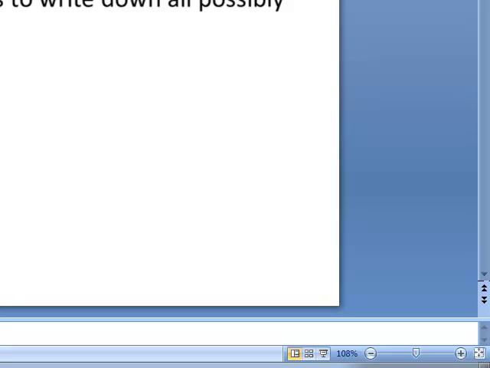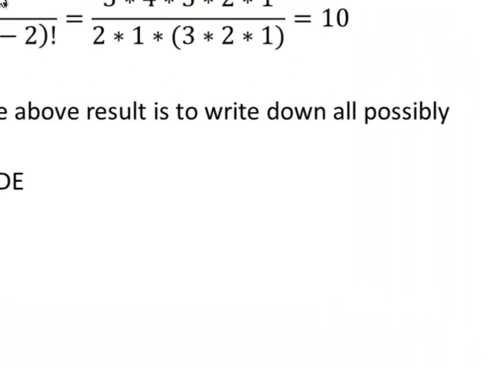Hence, that will be 5 factorial divided by 2 factorial times 3 factorial. Whereas you will see the numerator is 5 times 4 times 3 times 2 times 1. And the denominator is 2 times 1 times 3 times 2 times 1. All of these add up to 10.